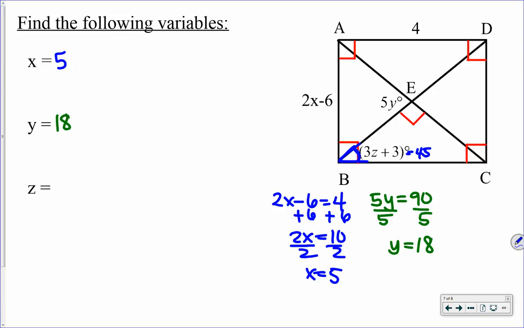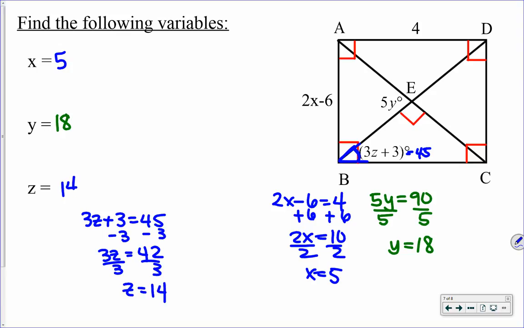So we can set 3z plus 3 equals 45 and solve. Divide by 3. So z will equal 14. So we can use any of the properties of parallelograms, rectangles, or rhombuses to solve for squares.